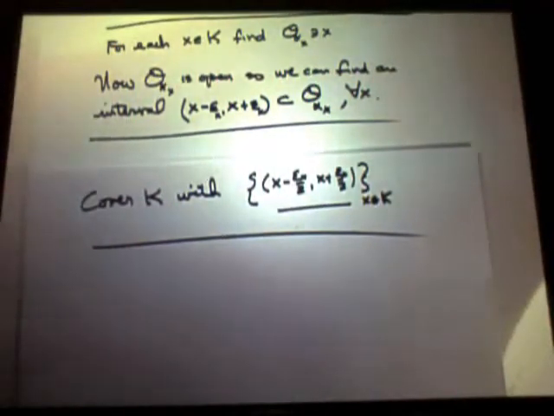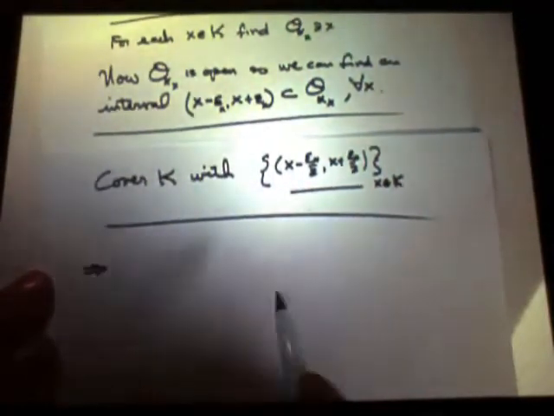Right now there's uncountably many. But we have a huge fact going for us. K is compact, which means by the Borel-Lebesgue criterion we can do what? Find a finite subset. Right, we can reduce it to a finite subset.